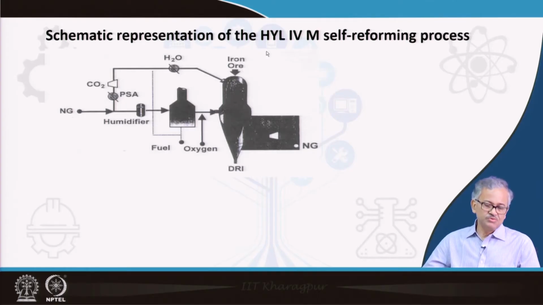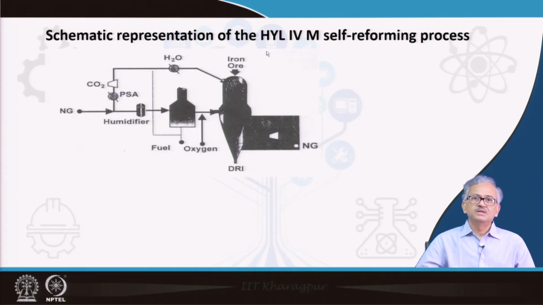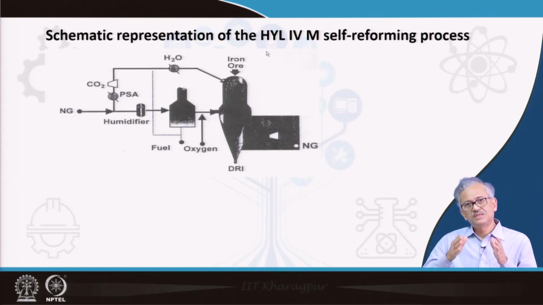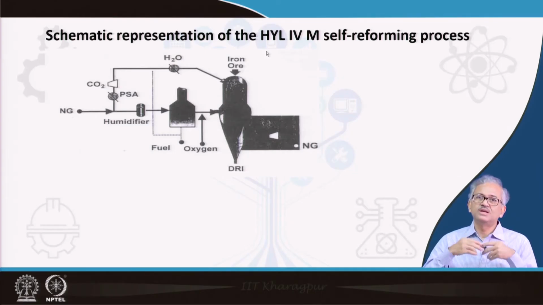The natural gas is reformed inside the reduction unit itself, by in situ reforming. So the reactor acts as a dual reactor, where in situ reforming takes place as well as reduction. That's why this process is sometimes also called the HYL4 self-reforming process.